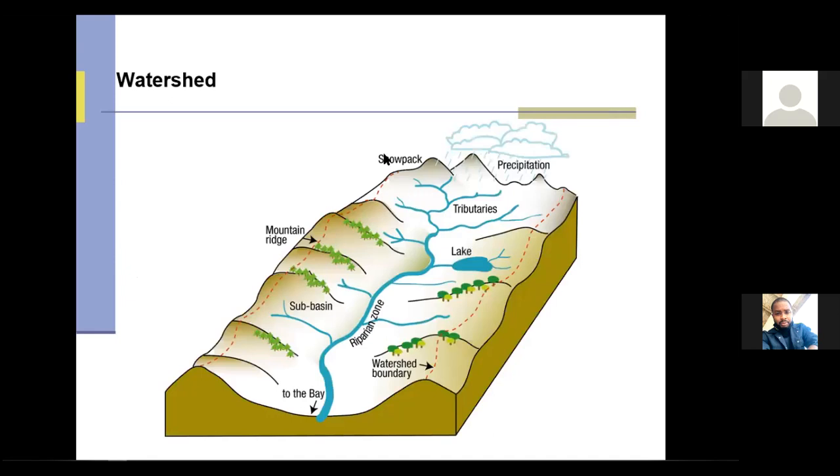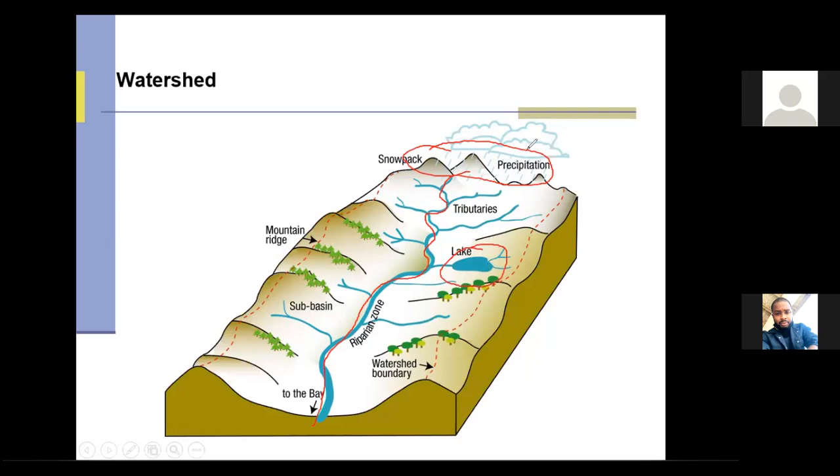Here's a typical watershed, and this is really interesting to see because for us here, and you saw my mountains, snowpack is huge for me, because over the summer months the rain and snow melts, and so we have a steady supply of water going down this basic stream into a river. Now you're going to see some lakes sometimes, and they could be because of rain or snow or groundwater.